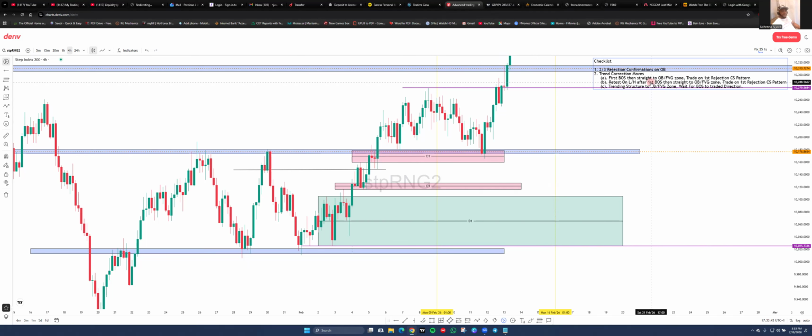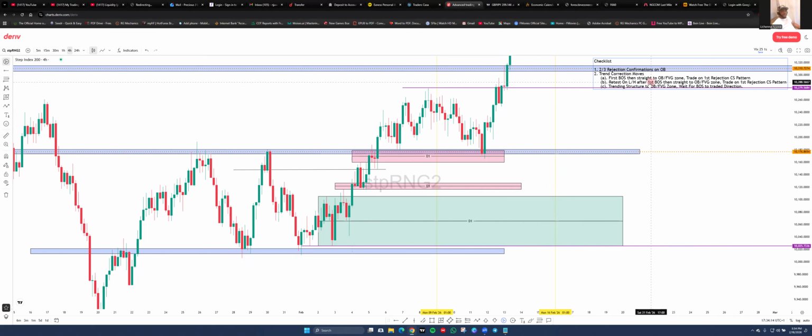For me, when it trends to that location where you have your fair value gap and gives you a rejection candlestick like the morning star or evening star, I would love for you to go down to a lower time frame and check if it broke structure with that pattern. If it breaks structure in the opposite direction, going back to the trend, then it's a safe trade. You can take it. But if it didn't break structure, you still have to pause for a while.